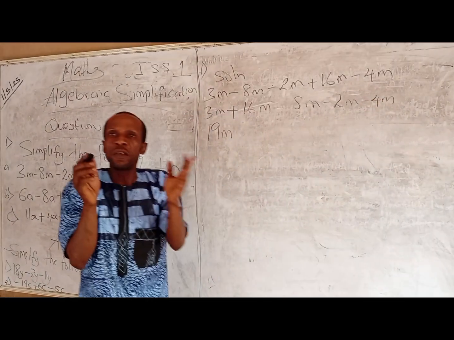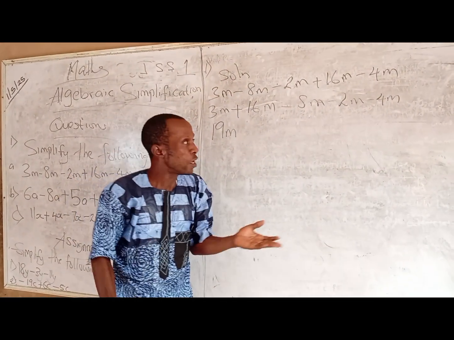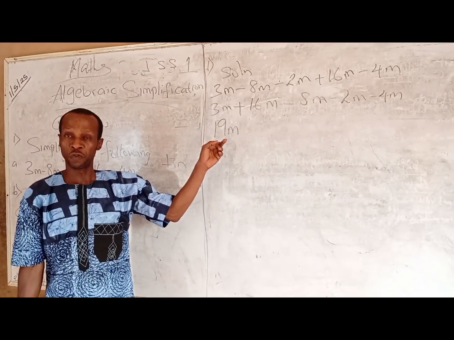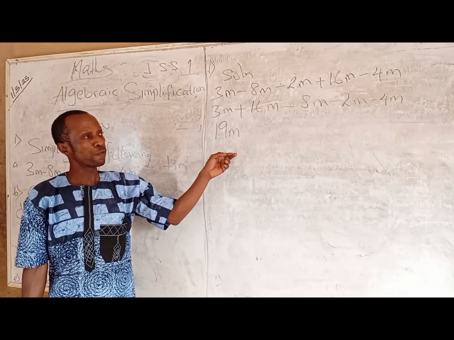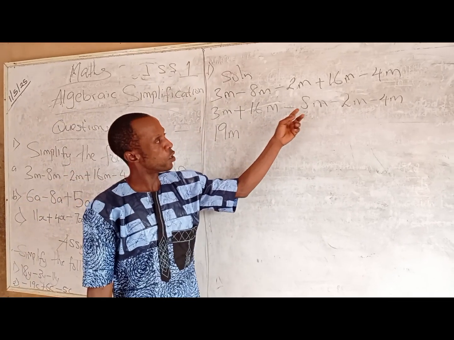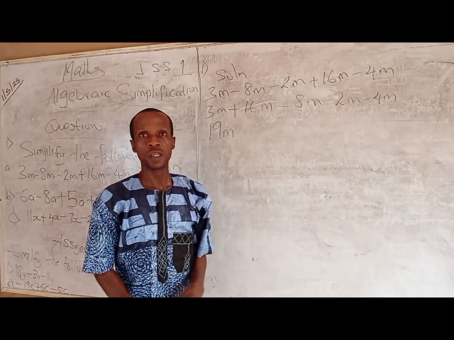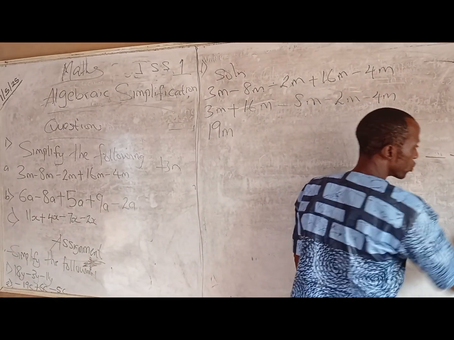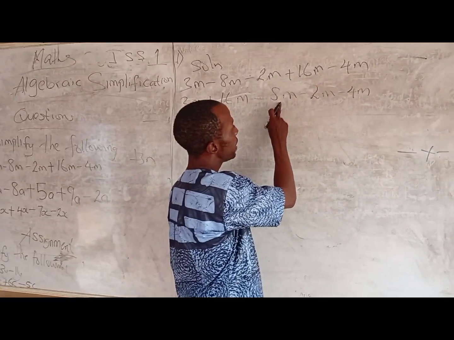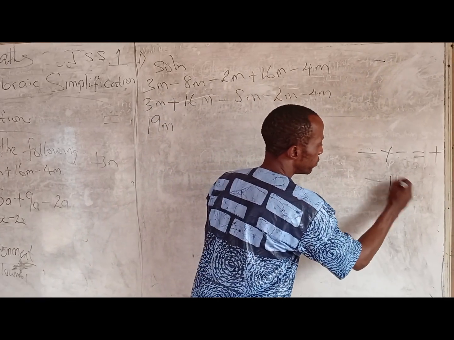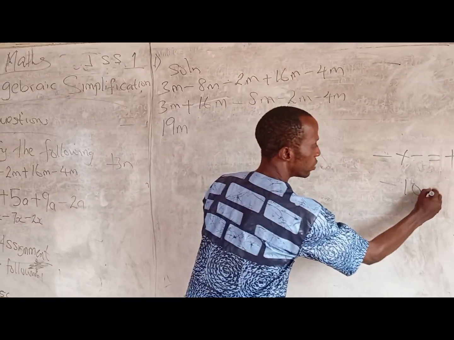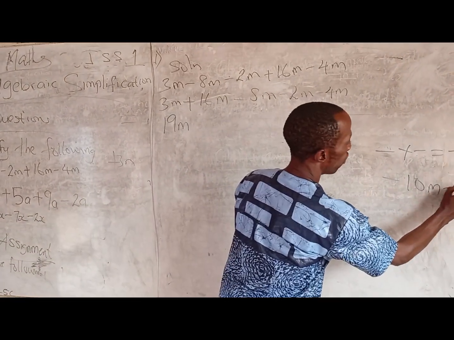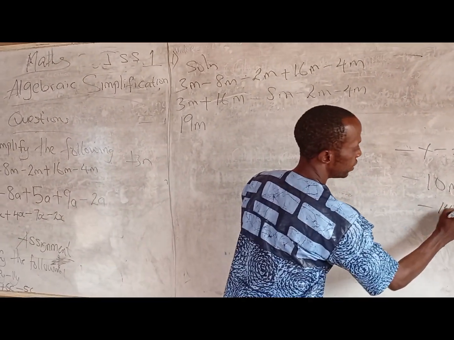So you sum all the debt together, then you subtract it from the money that belongs to you, from the credits. So minus 8m minus 2m, that is minus times minus gives you plus. So minus 8 minus 2 will give minus 10, minus 10m. So minus 10m minus 4m gives you minus 14m.